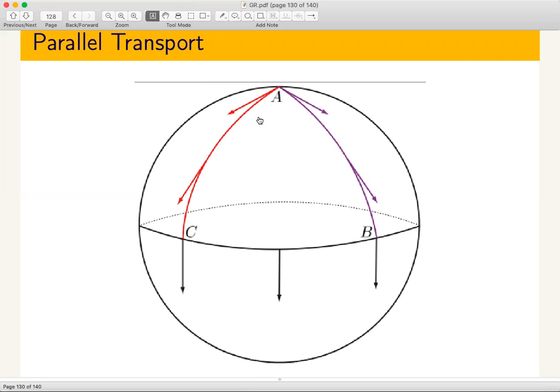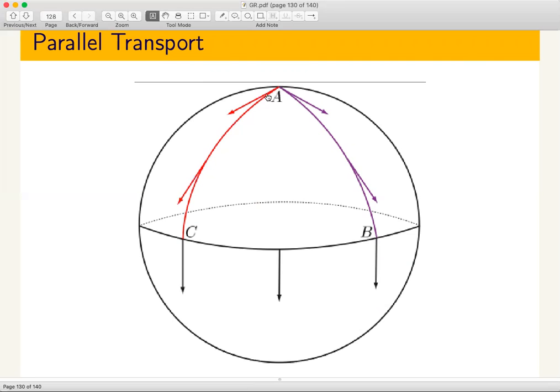Suppose you start with two vectors. One is the red colored one, the other is the purple colored one, and these vectors are tangent to a particular curve. You want to transport it along that curve, holding it tangent to the curve all along.